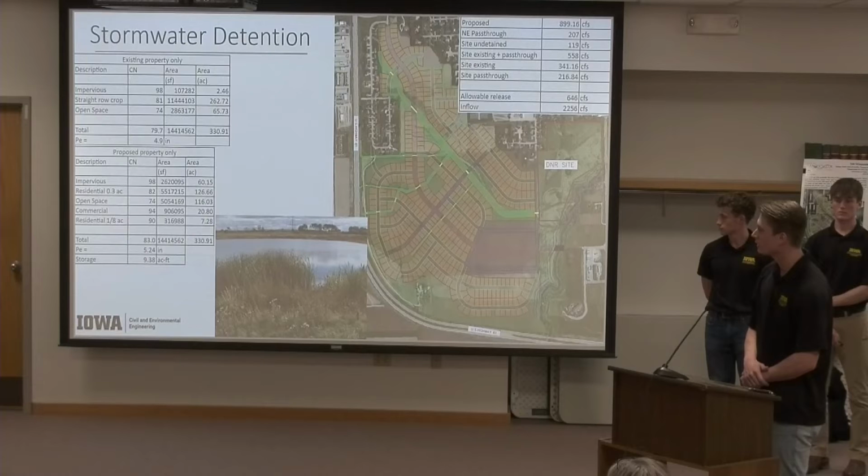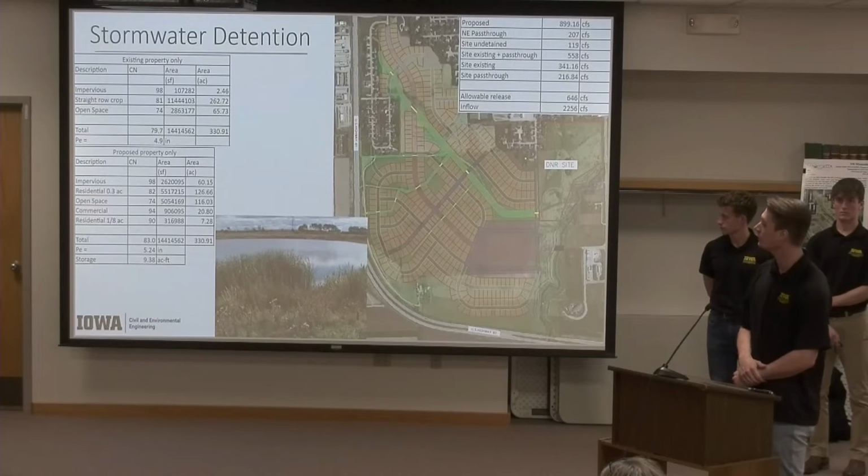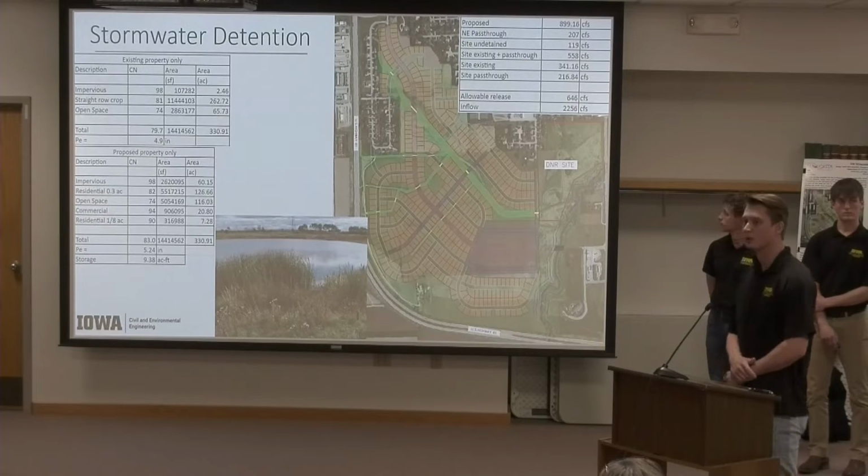So the storage required that was calculated is about 9.5 acre feet, and the DNR site is about 20 acres in area, so this is plenty of room to store that amount of water. The allowable release rate was calculated to be about 650 cubic feet per second, while the inflow was about 2,250 cubic feet per second.